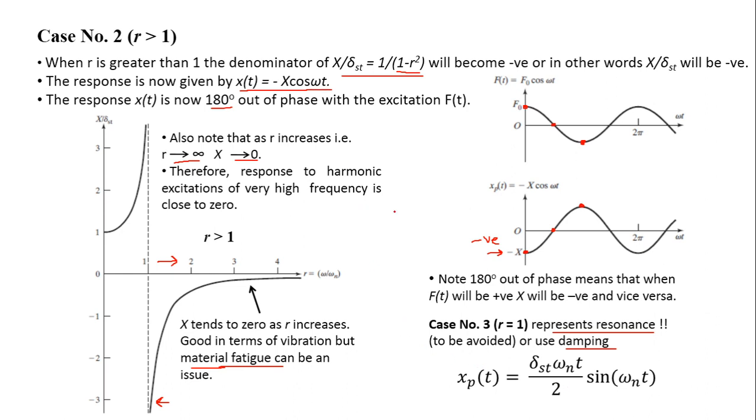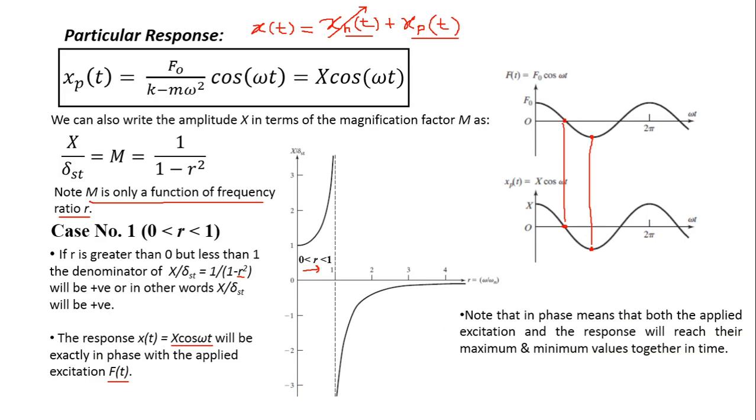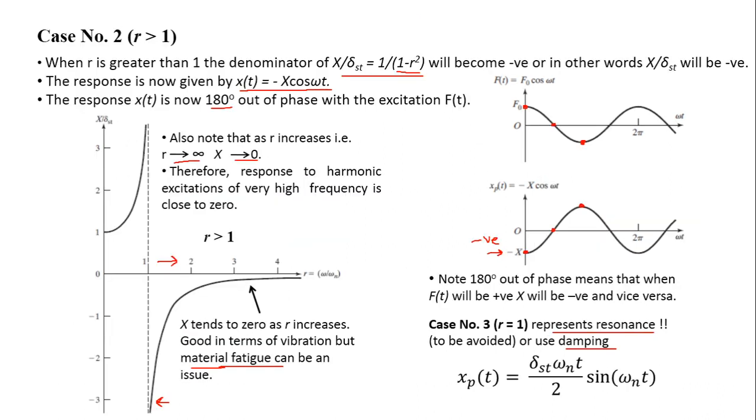Now we cannot actually use this kind of response when we are operating at resonance. So there is another response given here, that the particular response at resonance can be estimated from this expression.